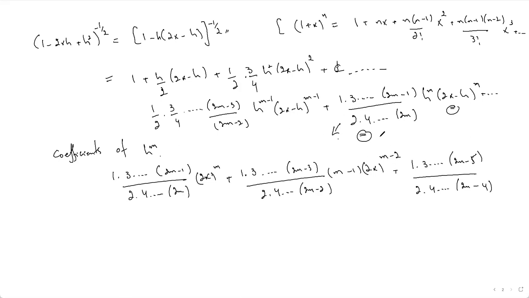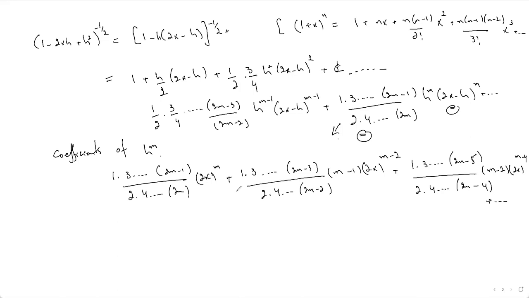Because the term before this, it will be now m minus 2, m minus 1, m minus 2, then 2x raised to power m minus 4. Plus I will have another term. What will be the another term? Another term will be 1, 3, so on, 2m minus 7, 2, 4, 2m minus 6, m minus 3, 2x raised to power m minus 6. Are you getting my point or not?